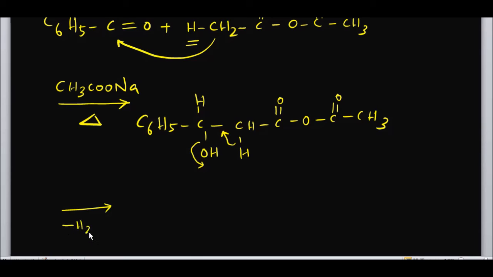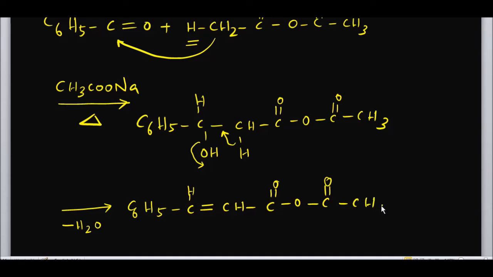Due to this water removal, the product expected is C6H5CH double bond CH, C double bond O, O, C double bond O, CH3. In the subsequent stage, it undergoes hydrolysis with H2O.